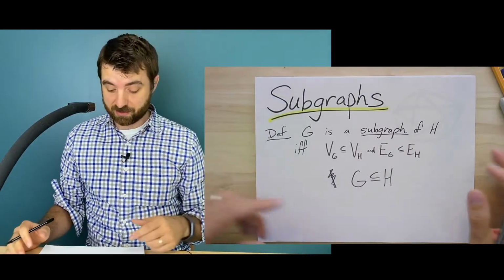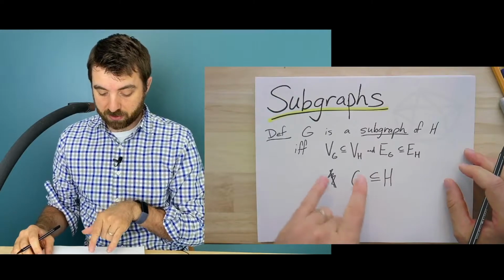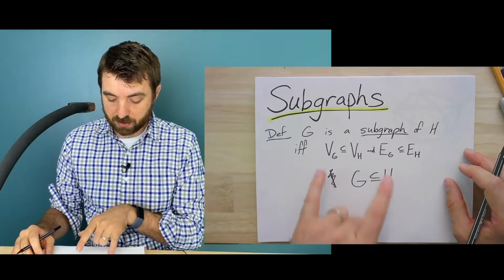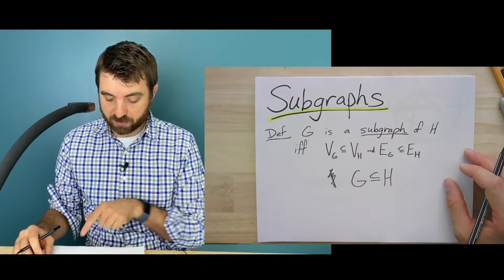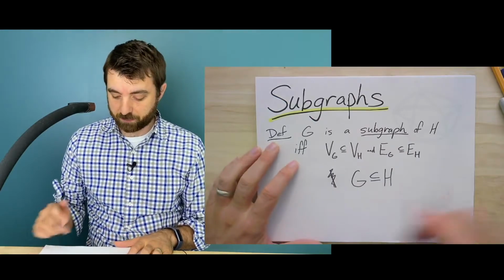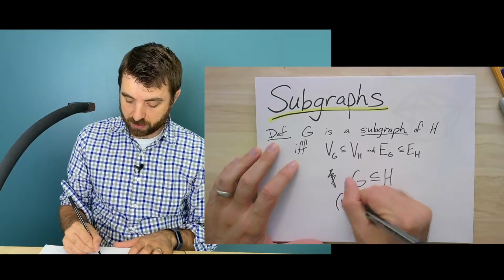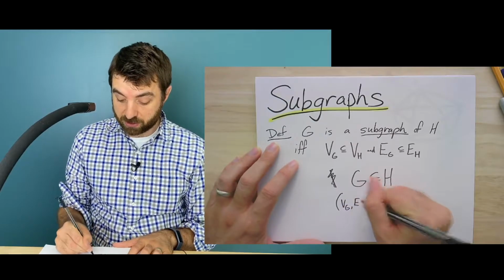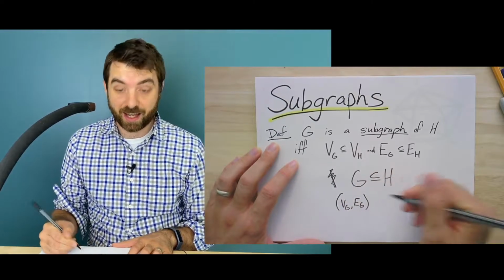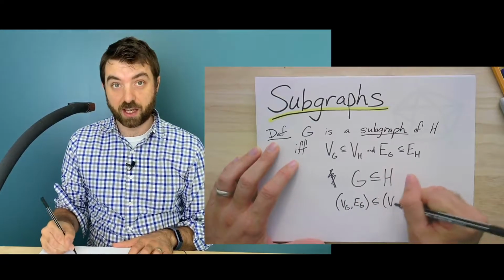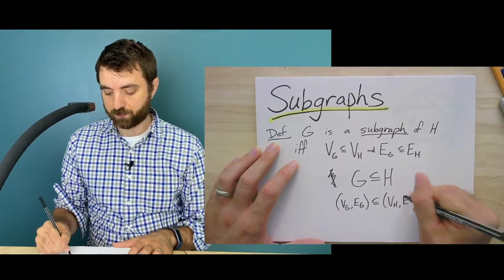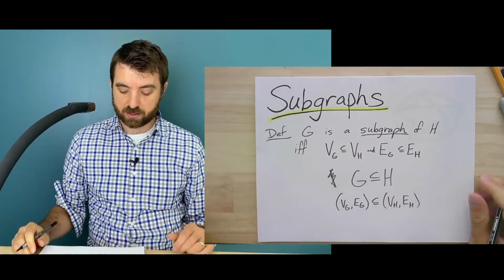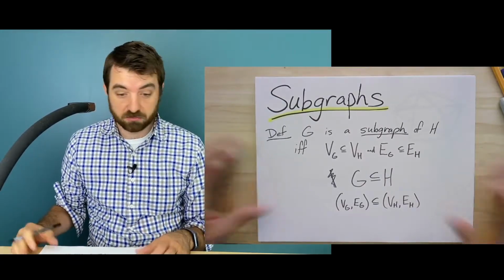So it makes a lot of sense that pairs of inclusions gives us this inclusion, this subset. We can write it out if you like, because G is VG, EG, and H is VH, EH. All right, so we got the two sets, and that's it.